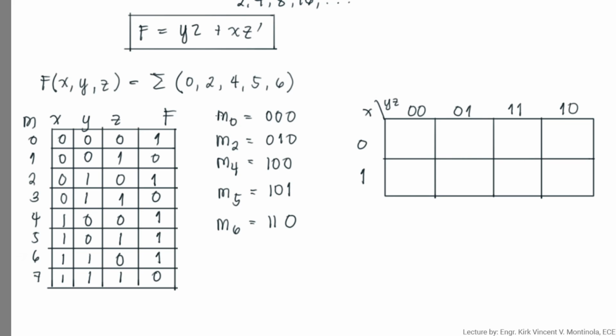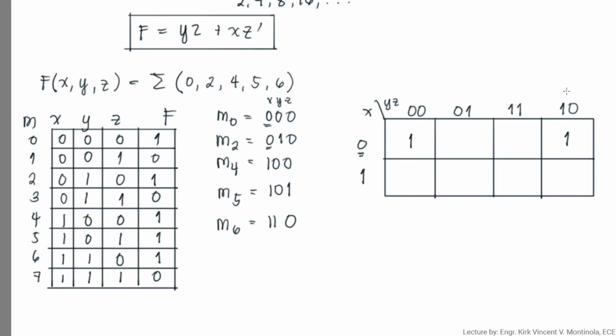Then locate natin saan yung M0. So ang M0 natin is 0, 0 ang X, then Y, and then Z. So X is 0, so meaning dito siya. Ang YZ natin 0, meaning andito siya. So intersection nilang dalawa, you'll be writing logic 1 here. And then M2, so that is 0, so X equals 0, then 10.